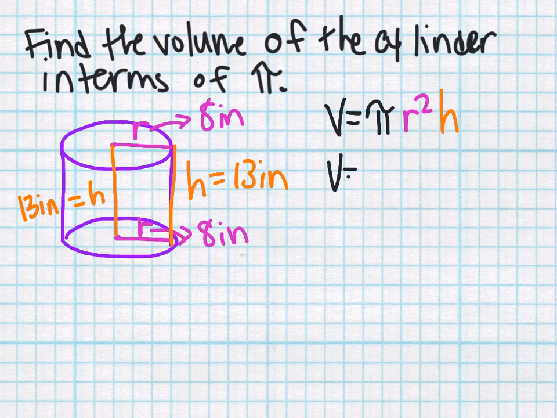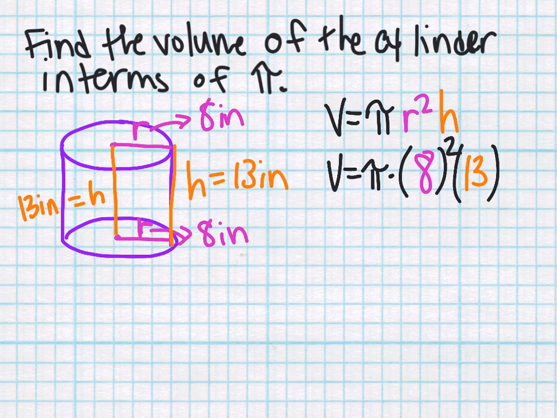So volume is equal to pi times r squared times h. So my radius in this one is 8. So that goes here and gets squared. And my height is 13. So 8 inches times 8 inches times 13 inches.